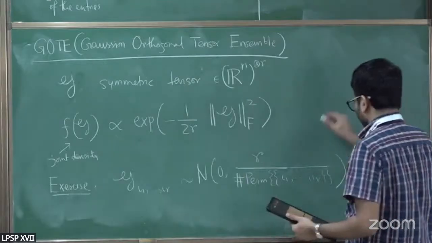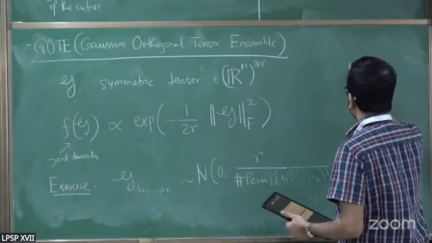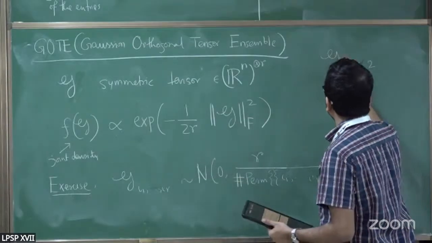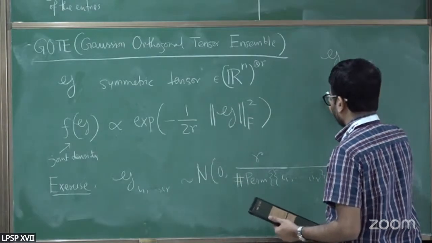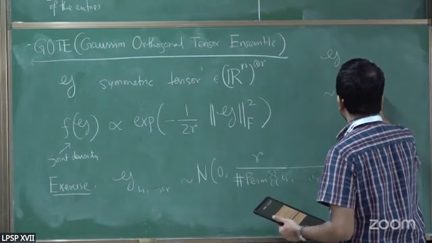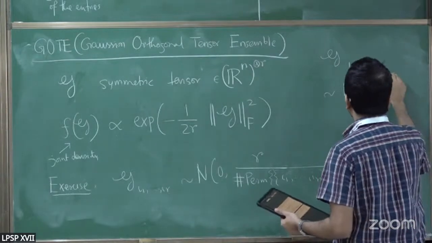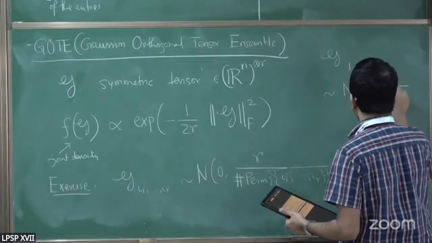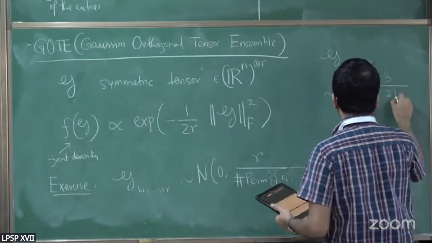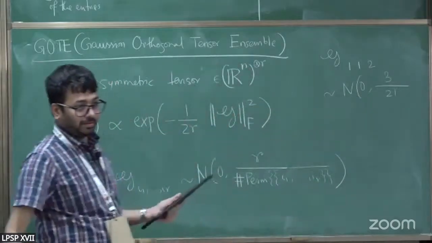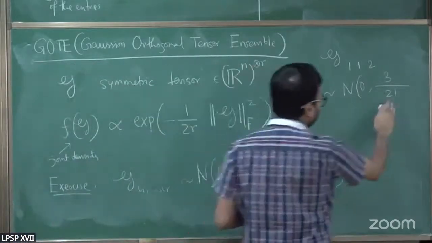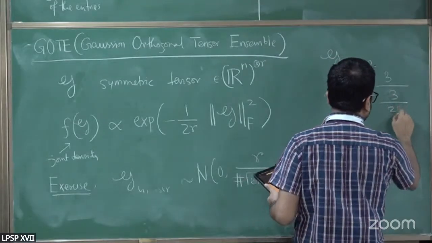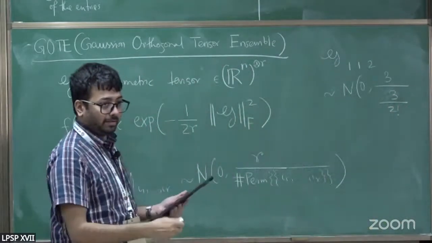Just as an example, if you have 1, 1, 2, that follows normal 0, 3 over how many permutations of these are there? 3 over 2 factorial, right?